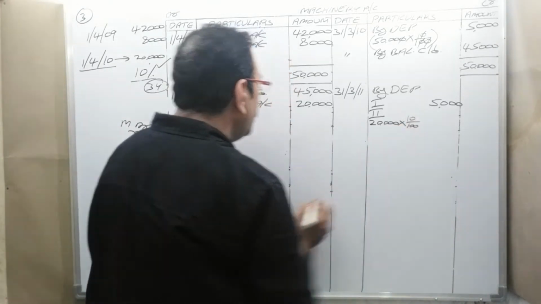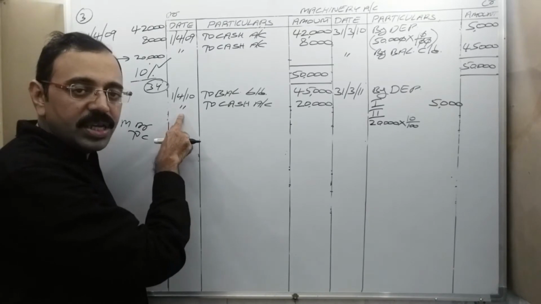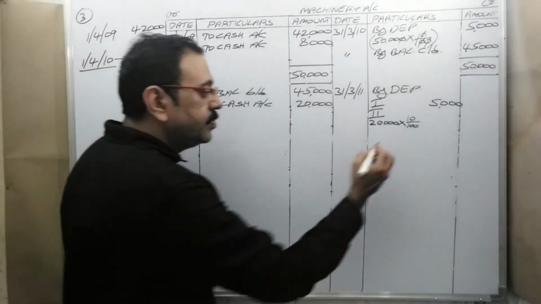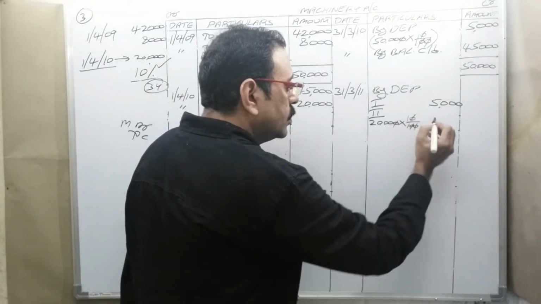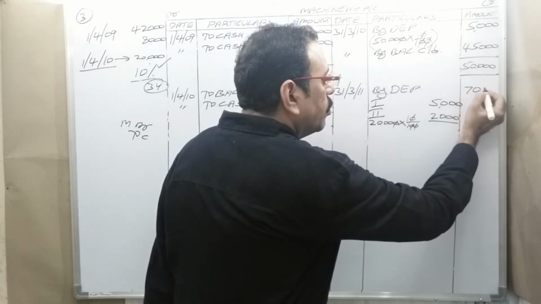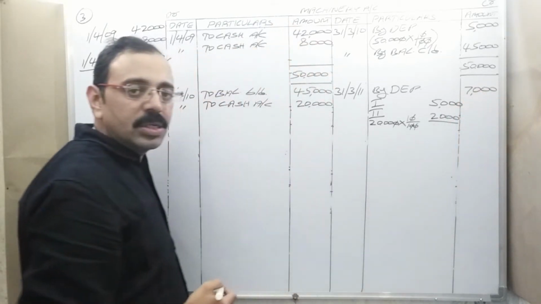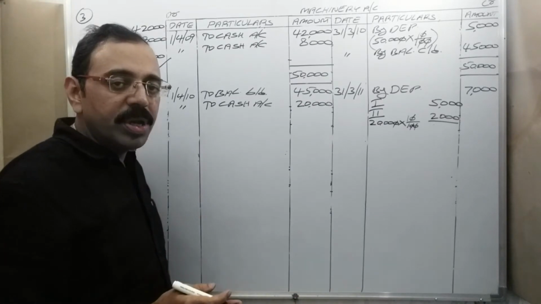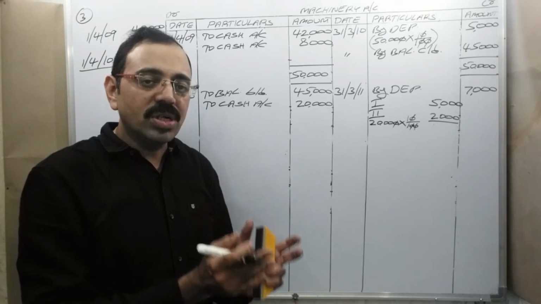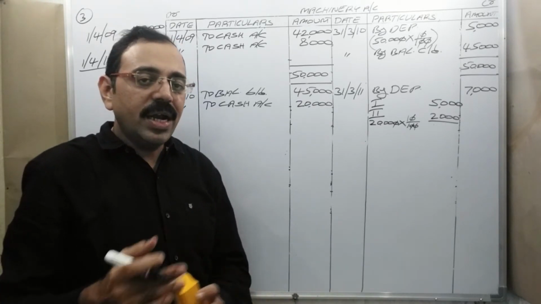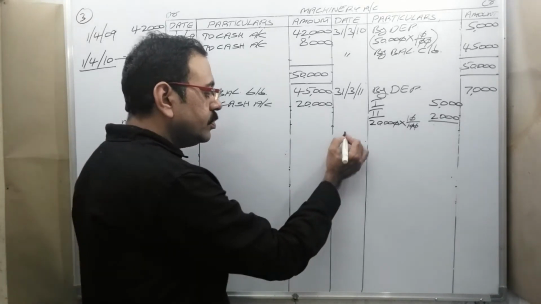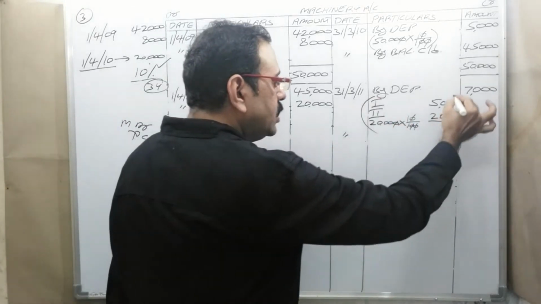And it is purchased on the starting date of the year, therefore we have to calculate the depreciation for the full year. 2,000 rupees. Then total depreciation in the outer column is 7,000 rupees. So the 7,000 rupee depreciation includes two amounts: on the first asset, 5,000 is the depreciation value and the second asset depreciation is 2,000 rupees. Then put this in brackets.